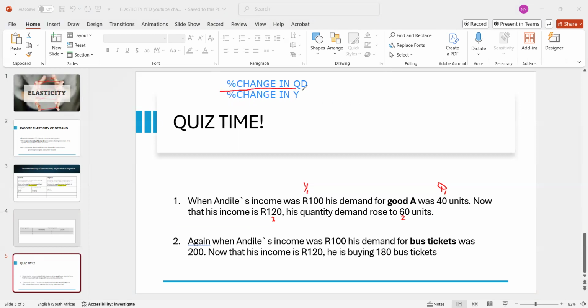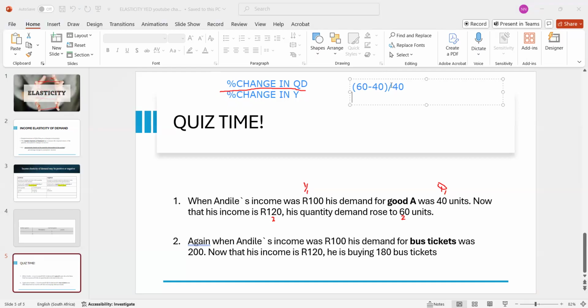So here we've been given the quantities. Let's just do the calculations. You know that the change in quantity demanded is Q2 minus Q1 divided by Q1. So our Q2 is 60 units minus our Q1 of 40, divided by Q1, which is 40, all over the change in income.